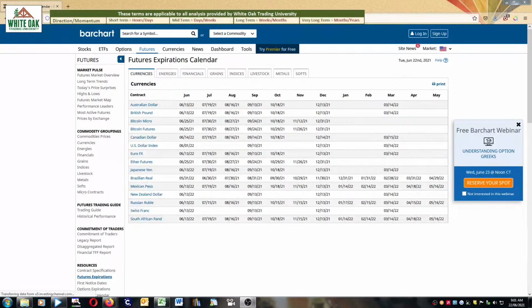So what are contract expirations? When you're dealing with futures, they're contracts, and these contracts expire. To find out when they expire, you have to come to this website. When something expires, whoever is holding that contract has to take delivery.